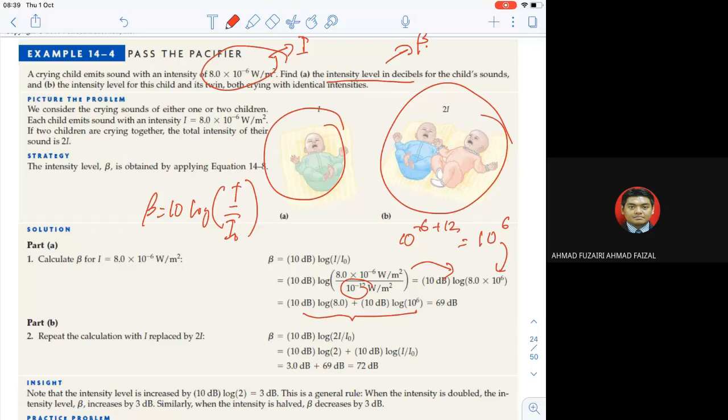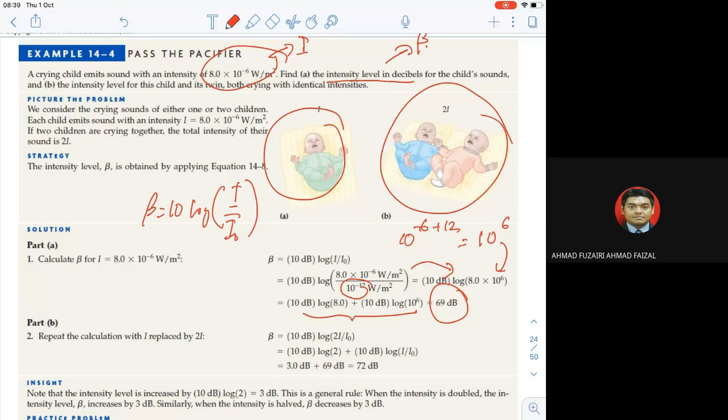Afterward, you just punch your calculator to get 69 decibel. You will use a little bit of information from the logarithm chapters, maybe from your secondary school. So try to remember back, and then you will get 69 decibel for one child that emits a sound of intensity 8 times 10 power of negative 6.